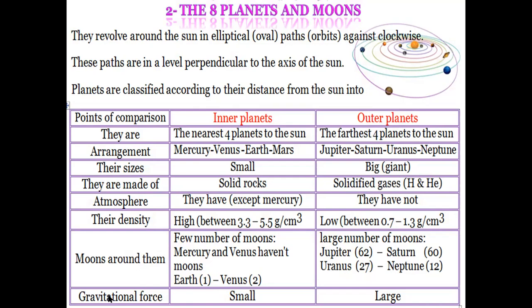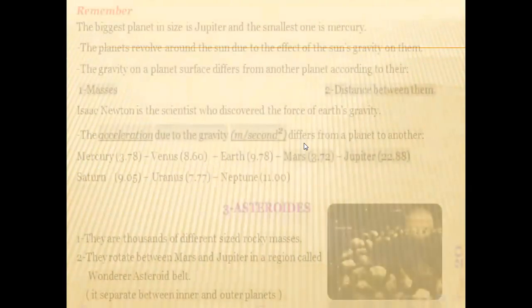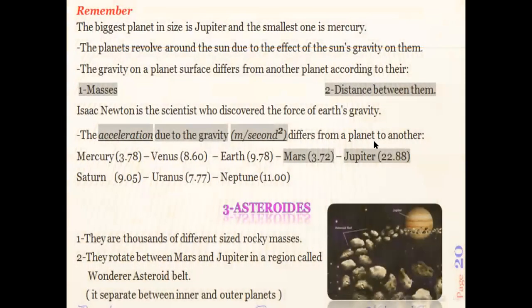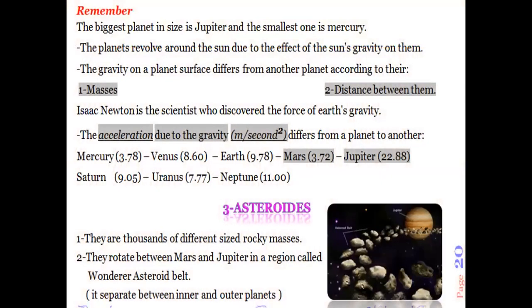That was concerning inner and outer planets. You have to remember some points: the biggest planet inside is Jupiter and the smallest one is Mercury. Of course, the planets revolve around the sun in elliptical orbit and they don't move far away from the sun because all the planets are affected by the sun's gravity.